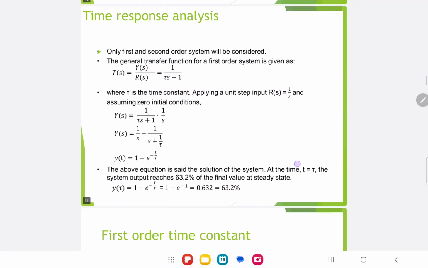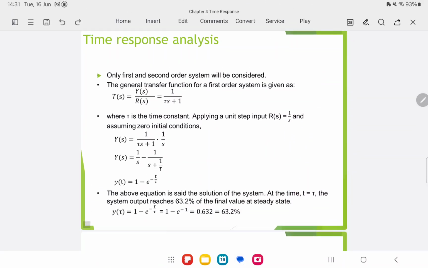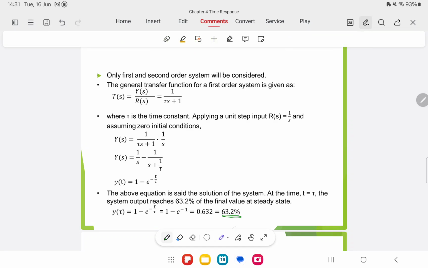Alright, so this is a calculations how to get on the 63%, to get on the peak time tu.